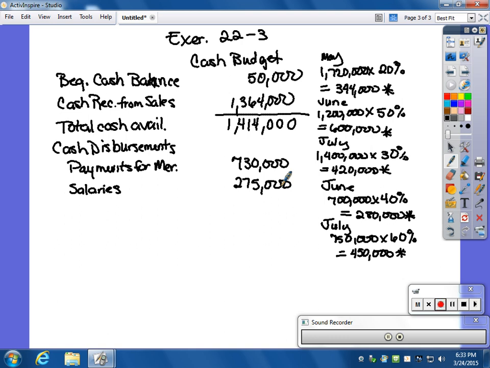We don't have to include depreciation because depreciation expense is not a cash expense, right? However, it says other cash expenses were 200,000. So other expenses, 200,000.